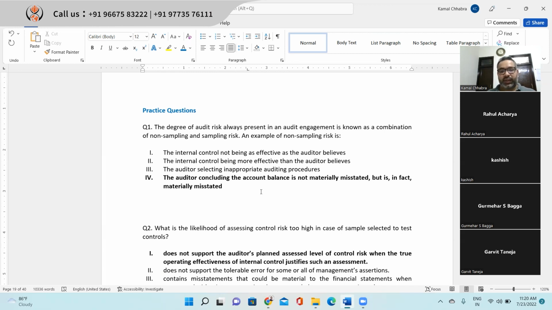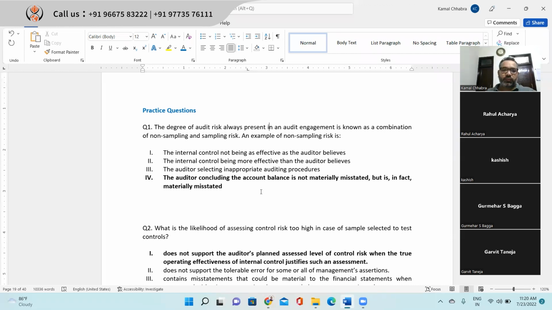The auditor selecting inappropriate audit procedures. The auditor concluding the balance is not materially misstated, but it is in fact materially misstated. Which one is an example of non-sampling risk?